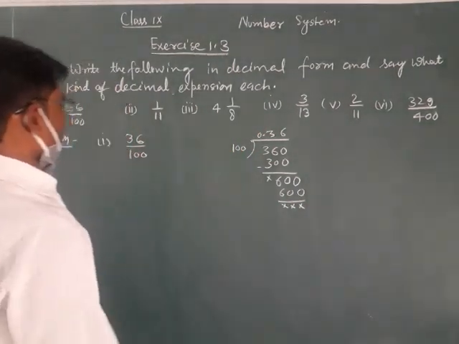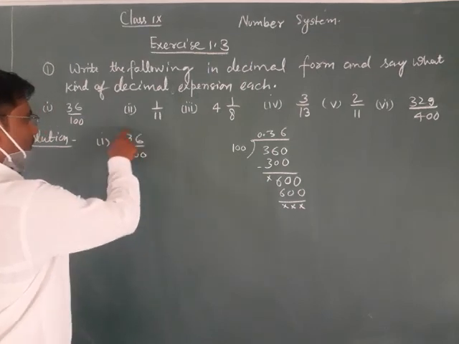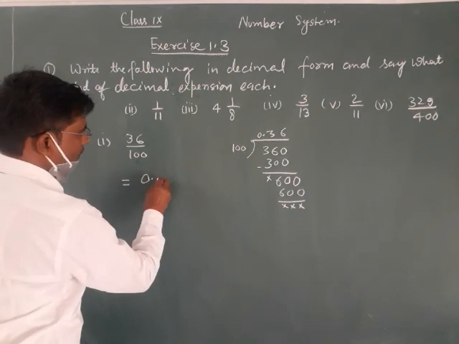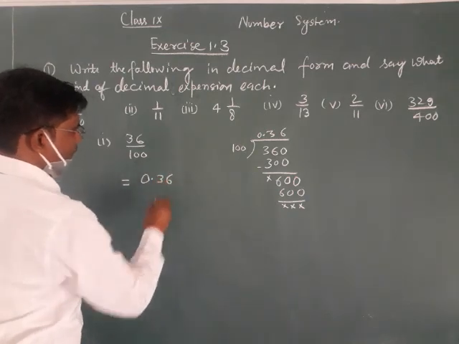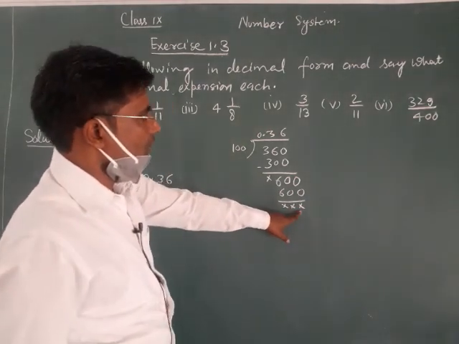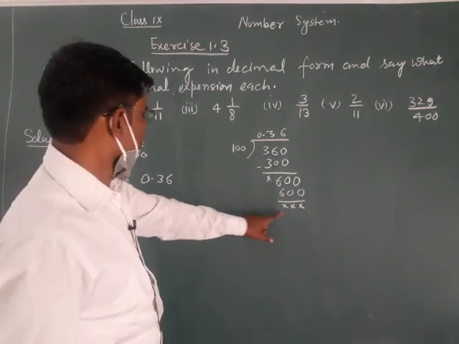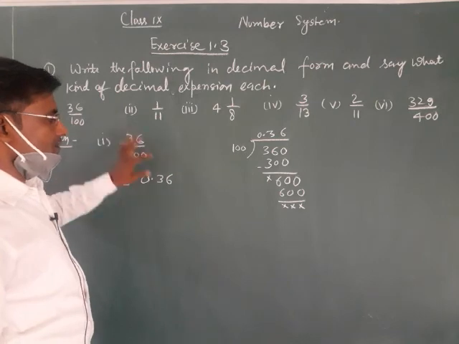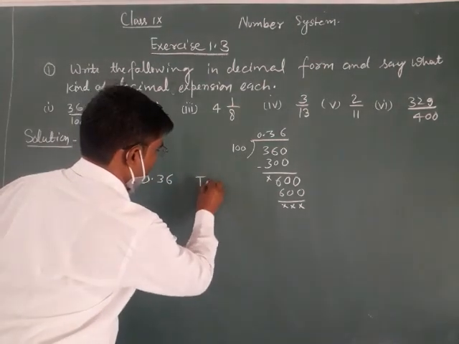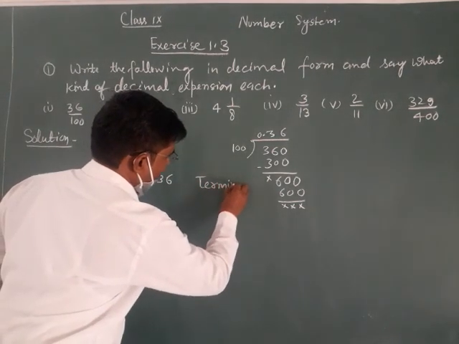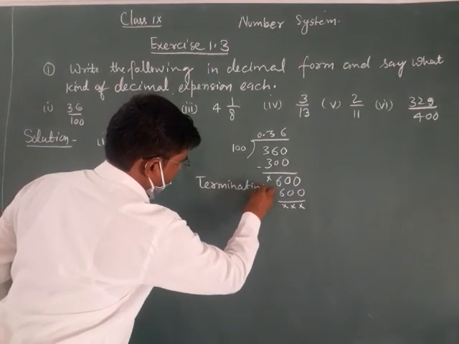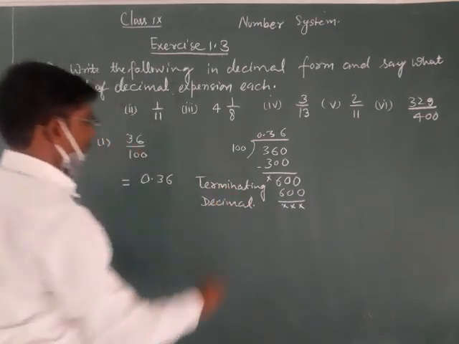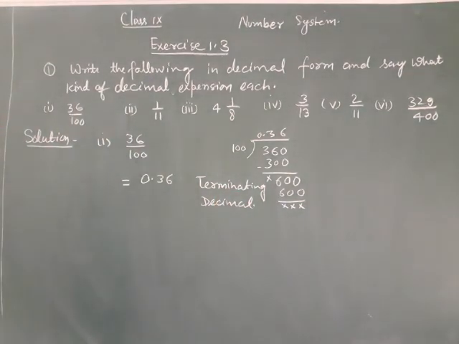So 36 divided by 100 we get 0.36. Remainder will be 0. So therefore this fraction is a terminating decimal.